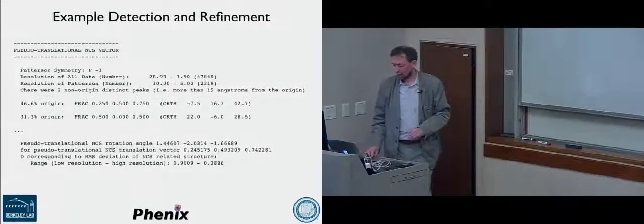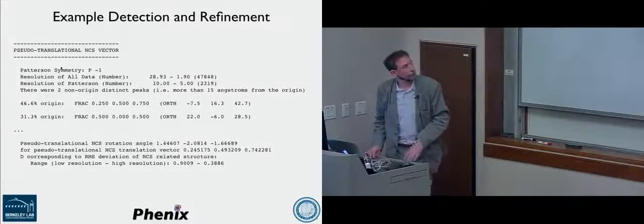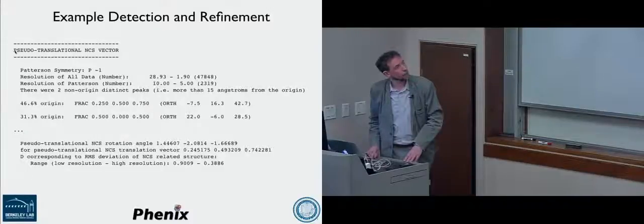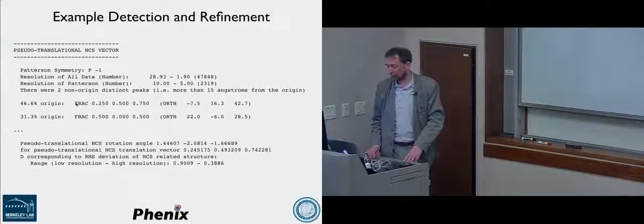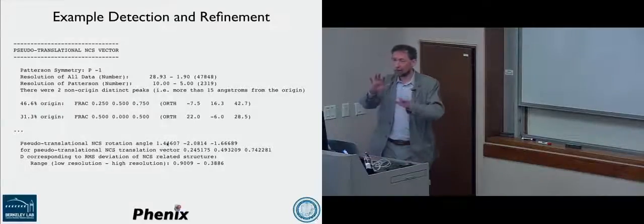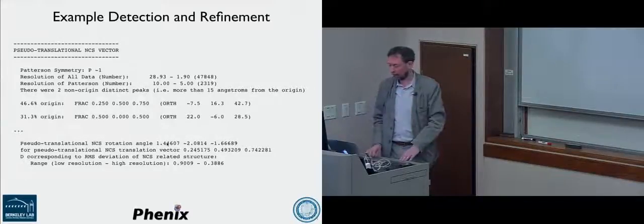respect to each other. So in practice, what you might see when you run Phaser and you look at the log file is that it will say it's looking at pseudo-translational NCS. It's found a big peak in the native Patterson map. It has this vector in fractional space, and it then will go and try and refine the orientation of the molecules with respect to each other, even though we don't know where they are right now, and the actual value of the translation.